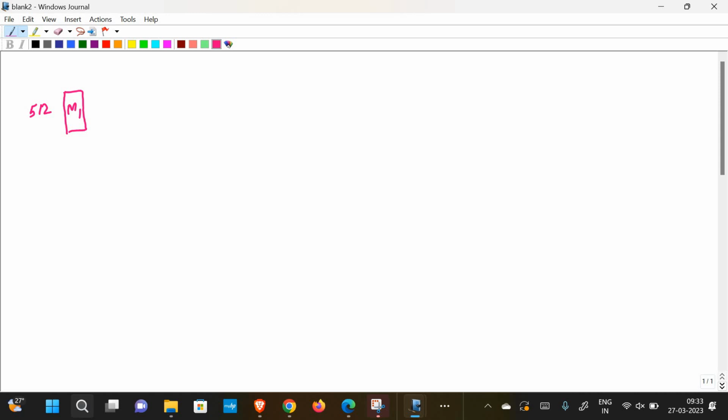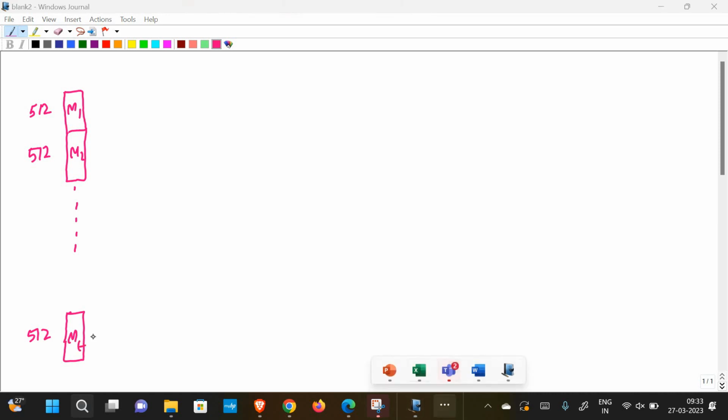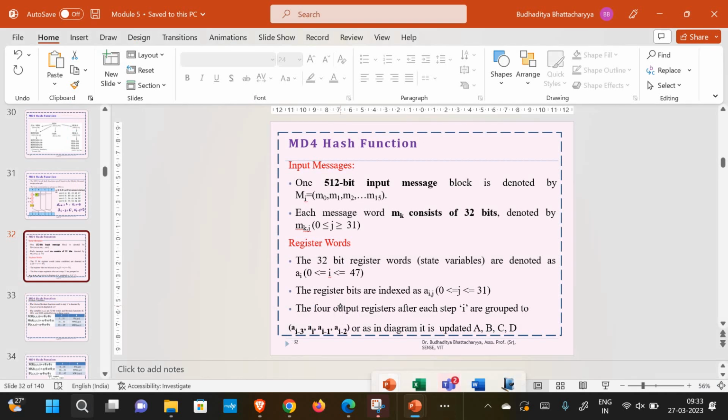Suppose this is my M1. This is another 512 bits, which is my M2, like that. This is my MT, which is mentioned over here as well: the 512-bit input message block is denoted by MT.